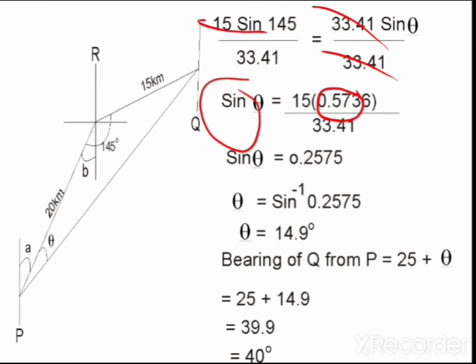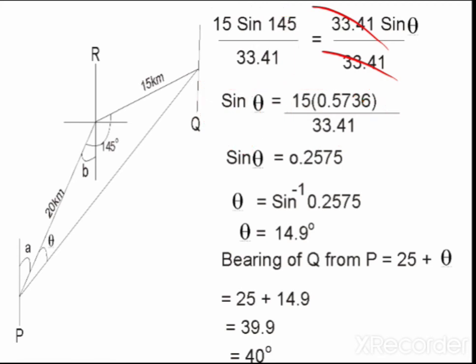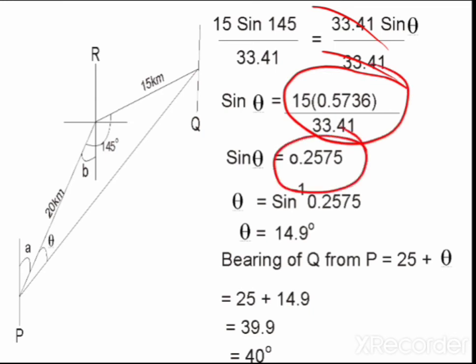When we punch everything into our calculator, we have 0.2575.